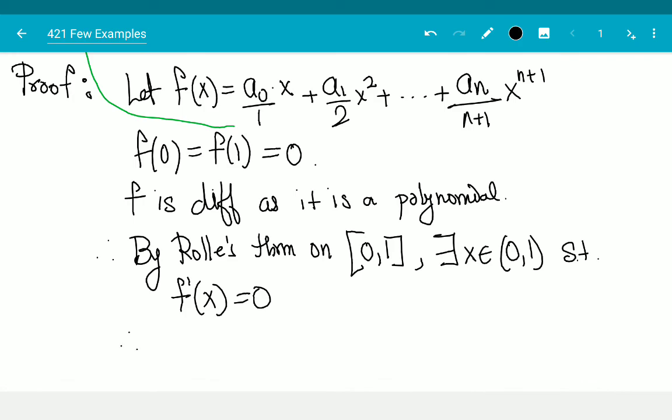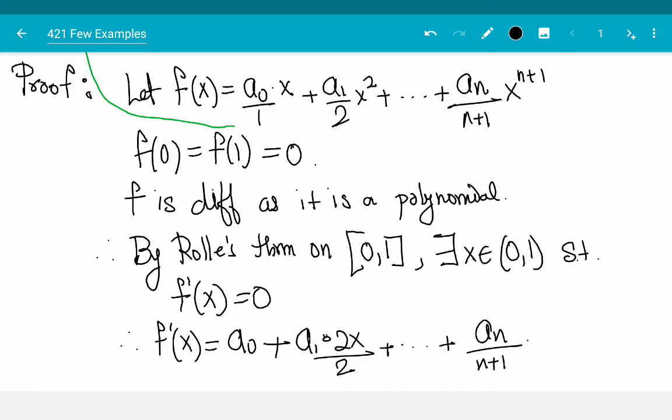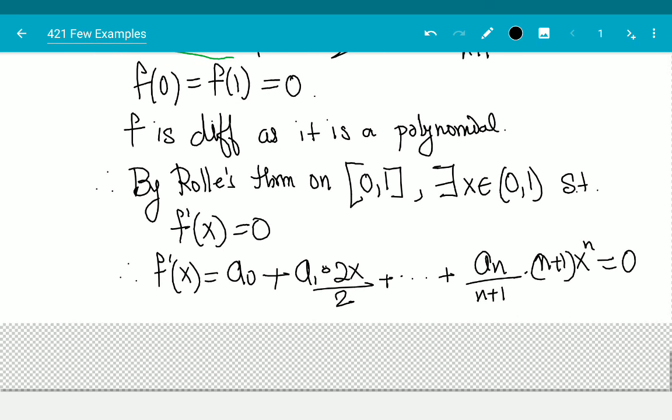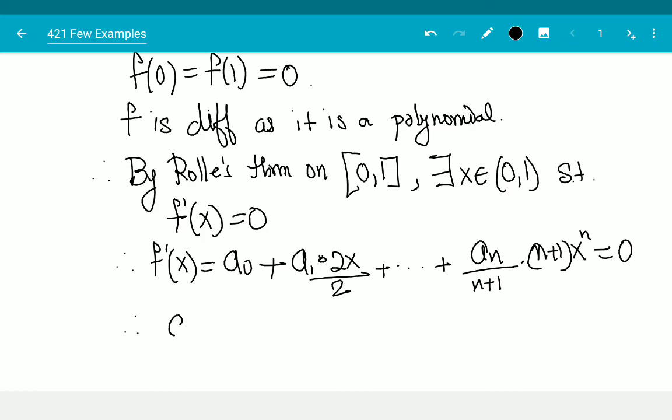Therefore, what is the derivative f prime of x? f prime of x is equal to, well, the derivative of x is just 1, a0 plus a1 times 2x over 2 plus dot dot dot plus an over n plus 1 times n plus 1 x to the n is equal to 0, which therefore means a naught plus a1 x plus dot dot dot an x to the n is equal to 0, right?